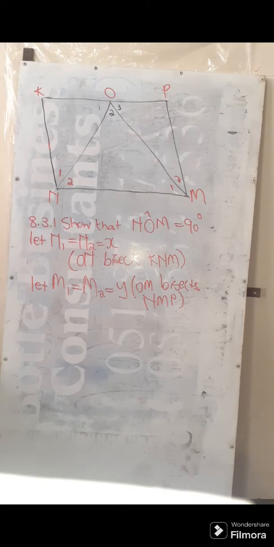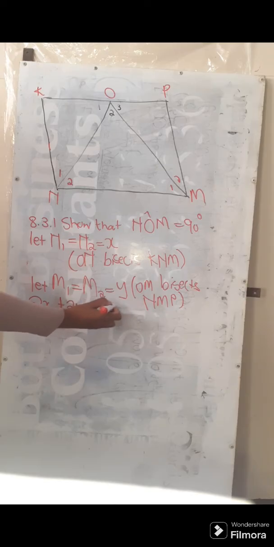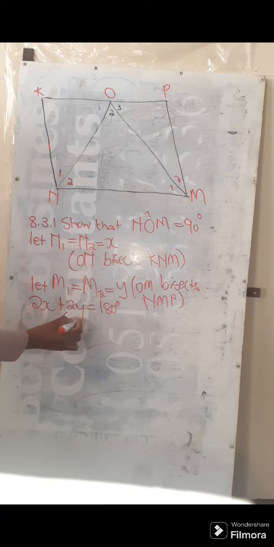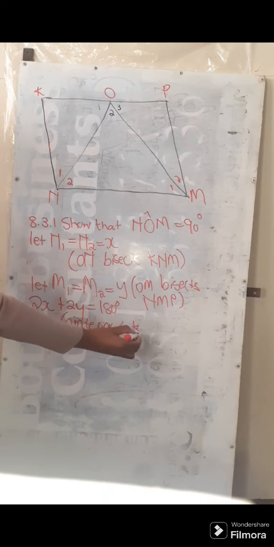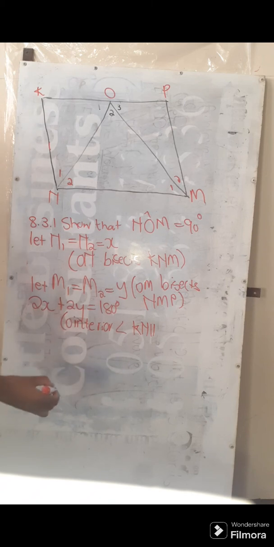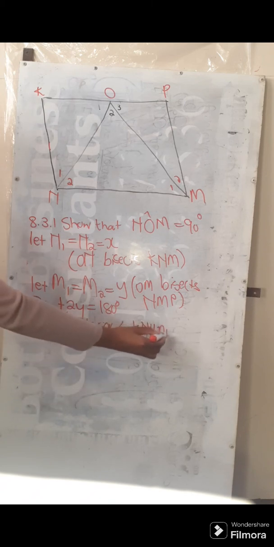So we'll say 2x plus 2y equals 180 degrees, called co-interior angles, because KM is parallel to PM.